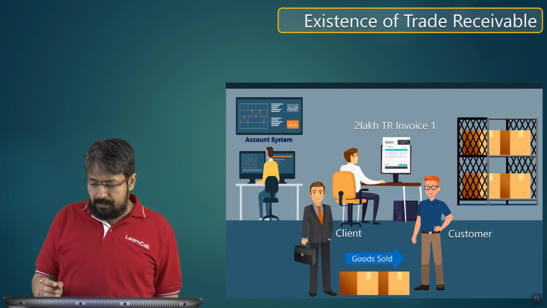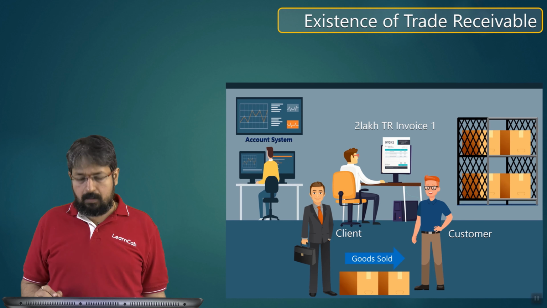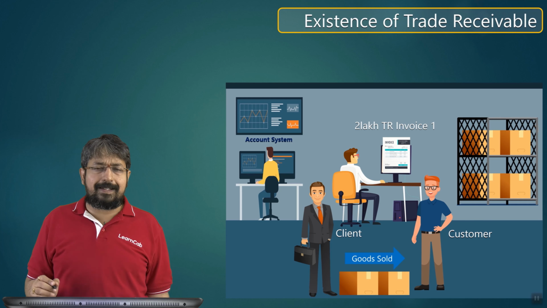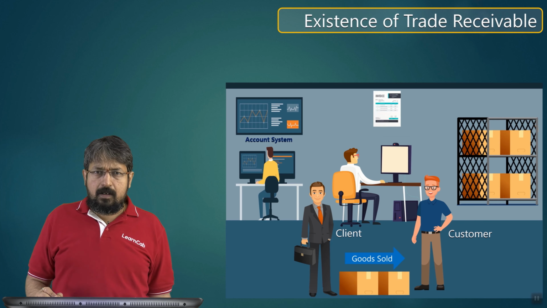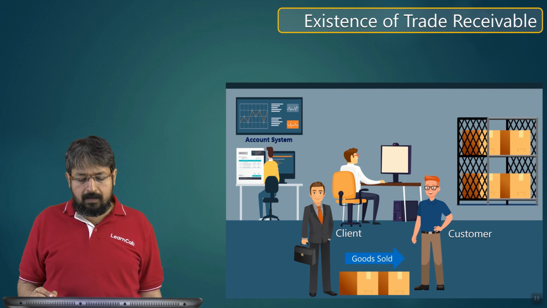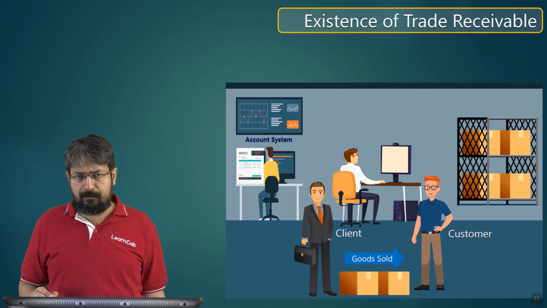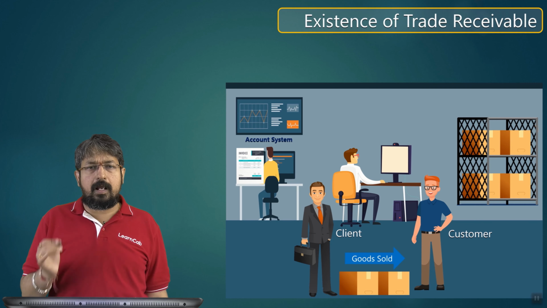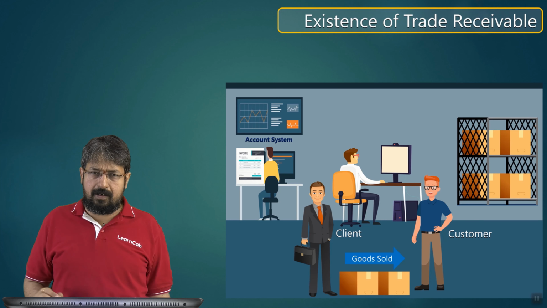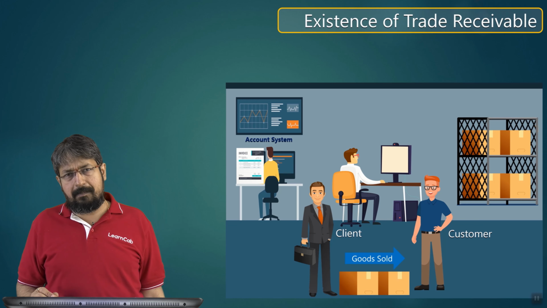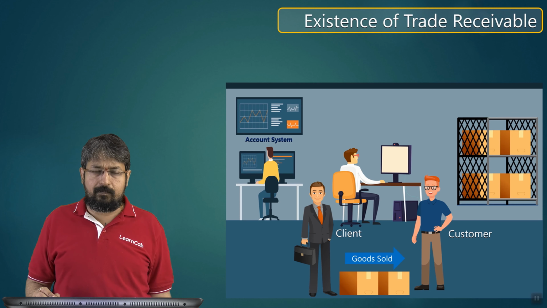So the sale invoice is generated, say for example, for 2 lakhs. It is given to the accounting system and automatically gets updated, and the trade receivable account should be updated on an automatic basis.